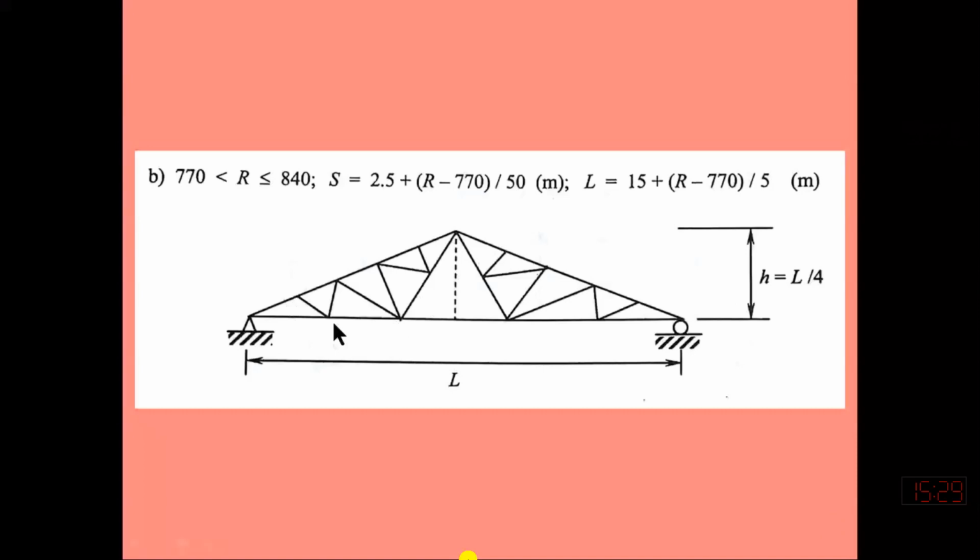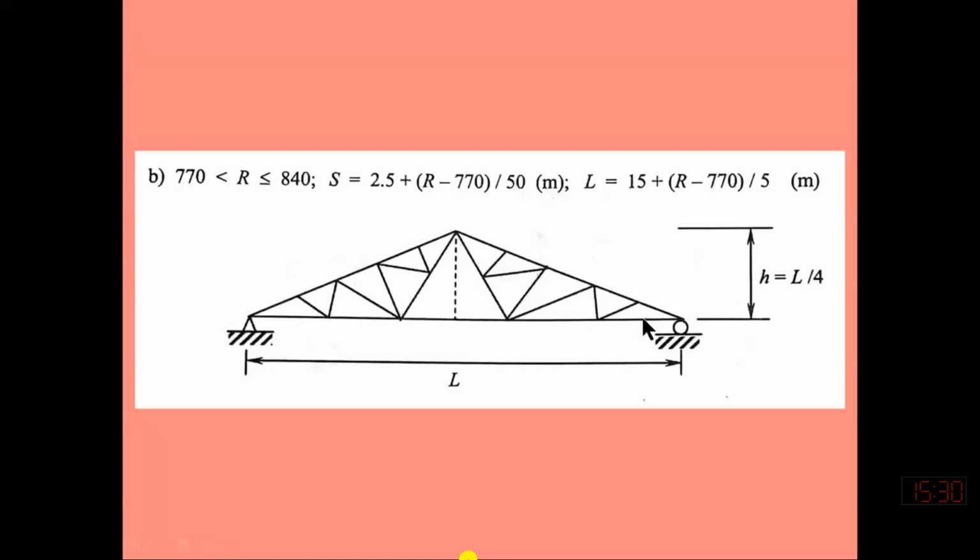For the top chord, if you know the total length of the top chord, divide it into 1, 2, 3, 4, 5 equal parts, then you will have this point. In the same way, divide the total bottom length into 1, 2, 3, 4, and 5 parts.